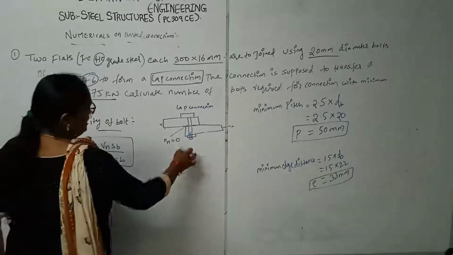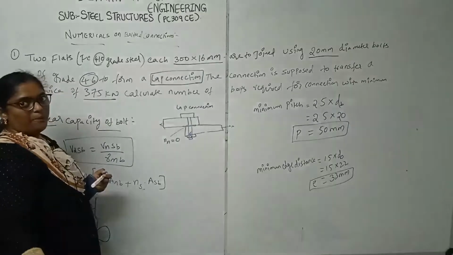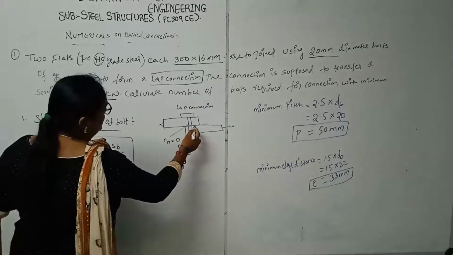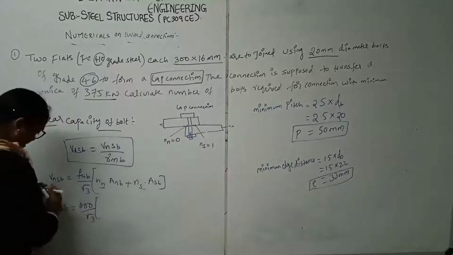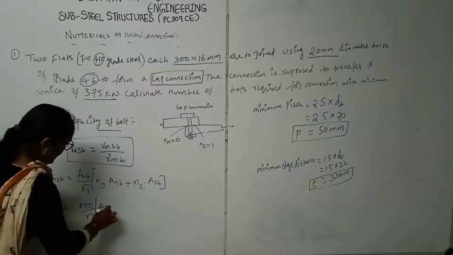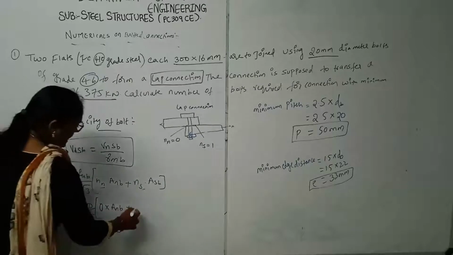And next one, NS is the number of shear planes at the shank portion. So obviously here NS will be 1, right? So here 0 into ANB plus NS is 1.